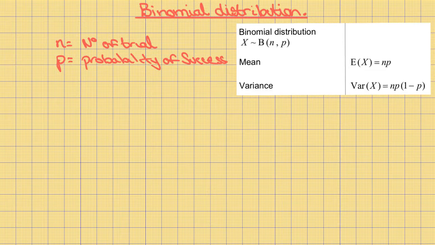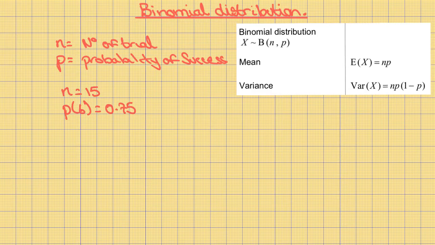So let's look at the sort of typical question you might be asked. You might be told that you roll a dice 15 times. So the number of trials n is equal to 15. And you might be told that the probability of a 6 is equal to 0.75.